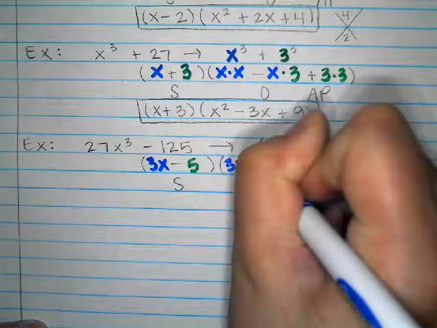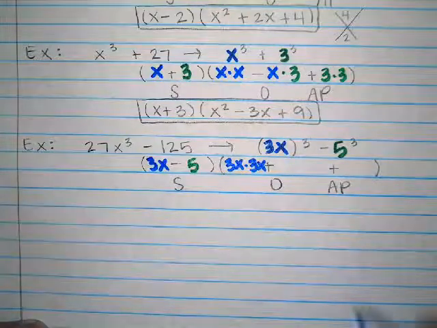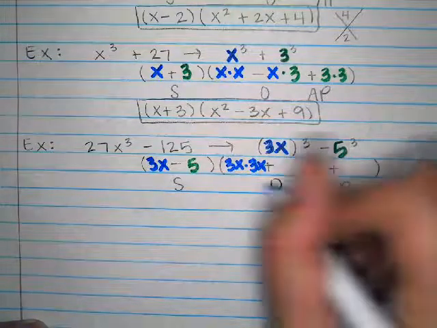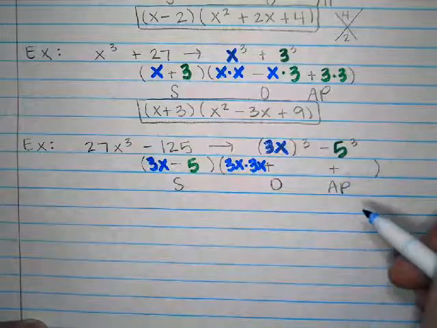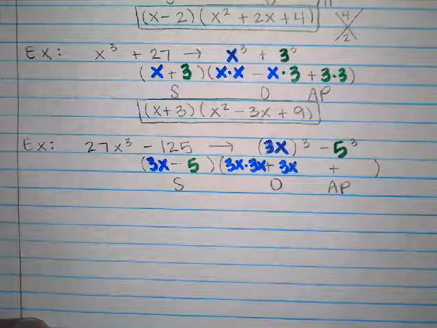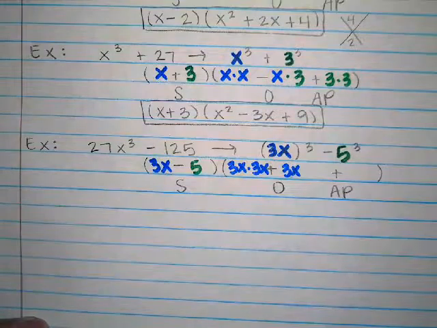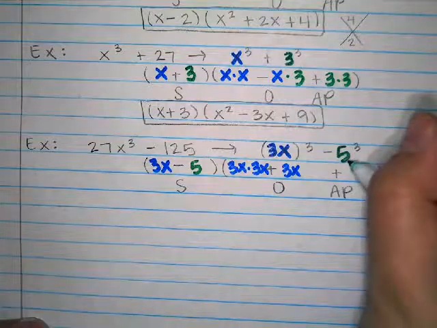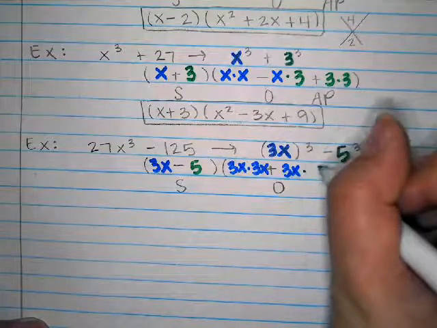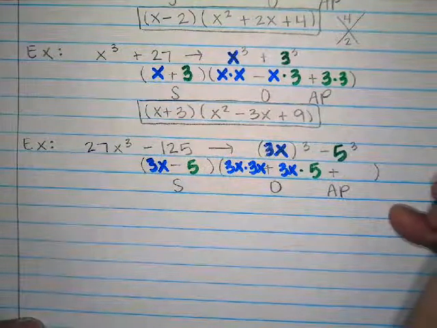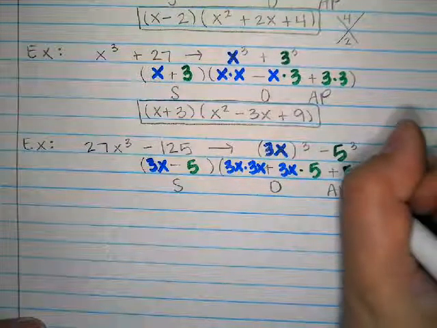Now I'm still on my first color because I haven't gone halfway through the parenthesis yet. So I need 3x. Now I got to switch colors because I've gone halfway. So switch to the other color. Now I'm on the second color, so I'm on the 5. So times 5. And now what do I do? Go to the next space, 5 times 5. Okay?